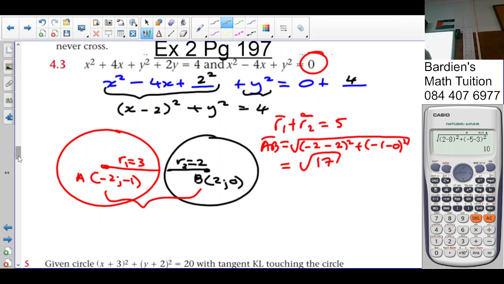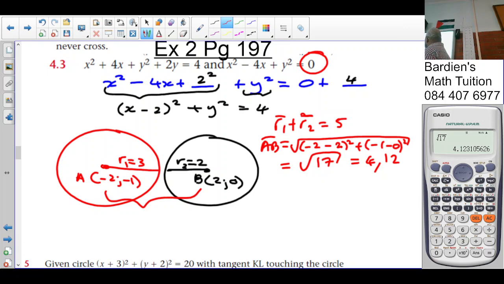So what you notice here is that the distance AB, the root of 17, is 4 comma something. 4 comma what? The root of 17? 4 comma 1, 2. Okay?